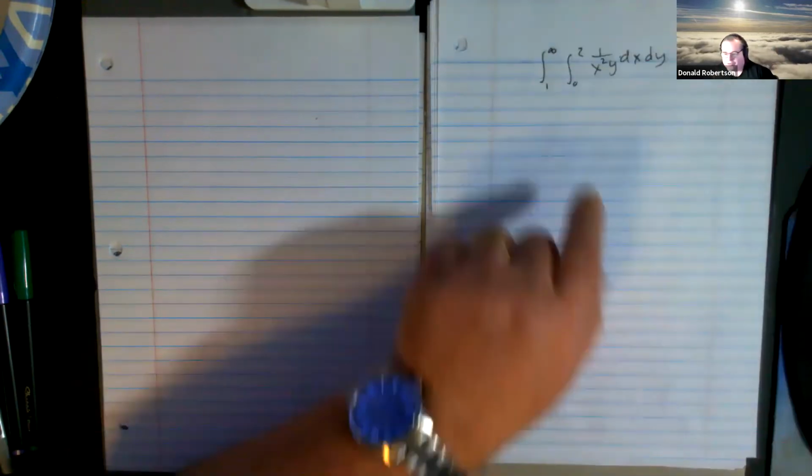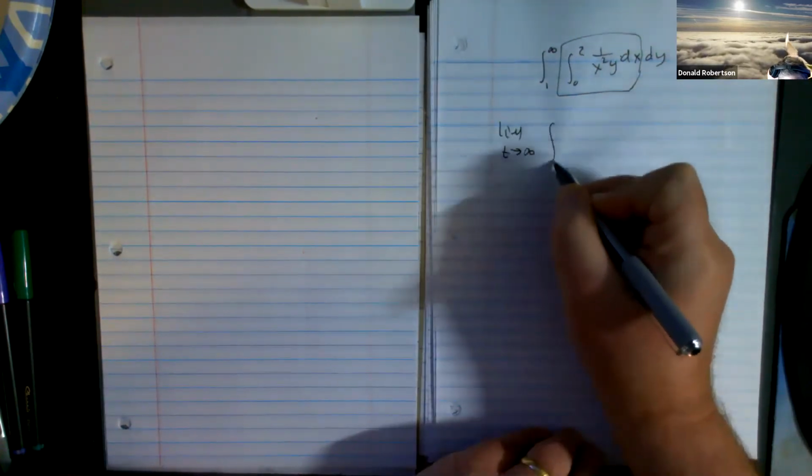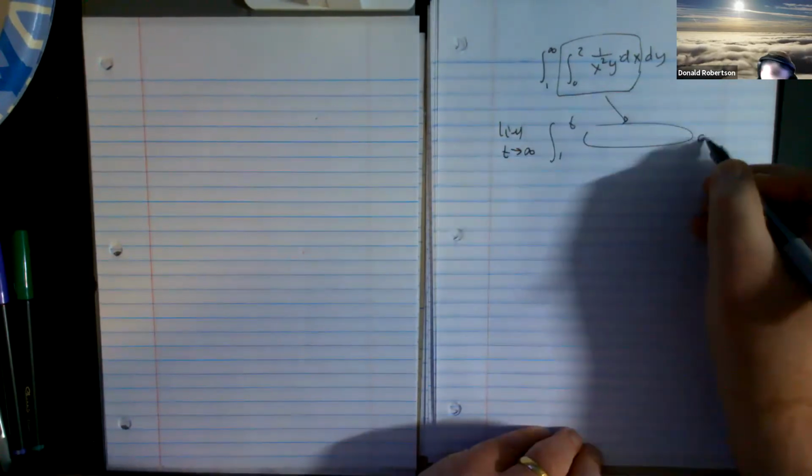You know, there would be an improper one. Do you see the infinity here? What you would do is you do this guy the usual way, and then you would do the limit as t tends to infinity from 1 to t, whatever that became, dy.